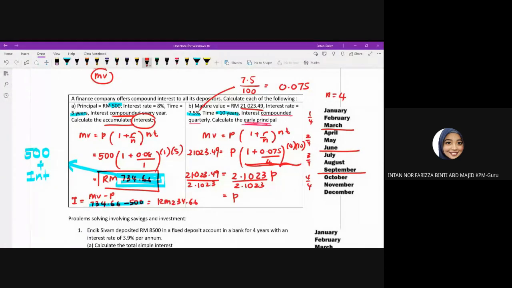Maybe when you press the calculator, your answer and mine are not the same, girls. But it's okay, because just now you took 2.1023, right? I didn't press the cancel button, I just used the same value straight away. Let me share my screen to show how I press the calculator. Tapi jawapan ni tak salah, jawapan ni betul, because normally in SPM, they will give you a range for the marking.